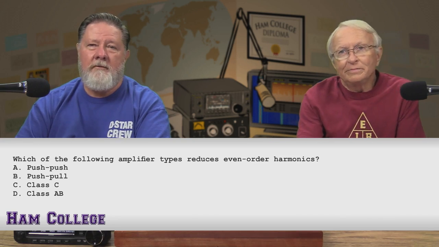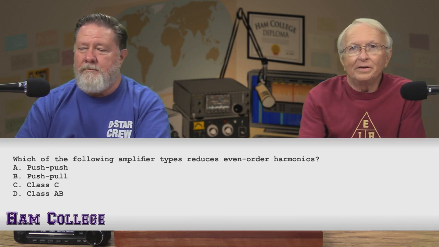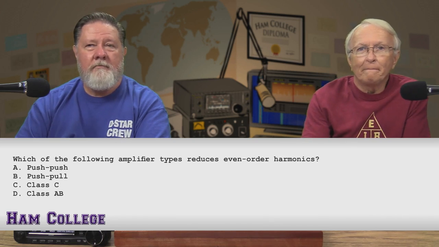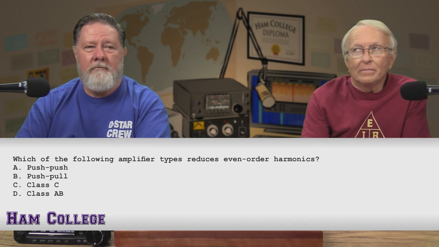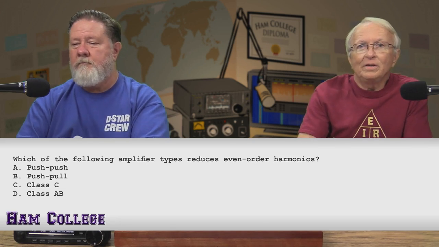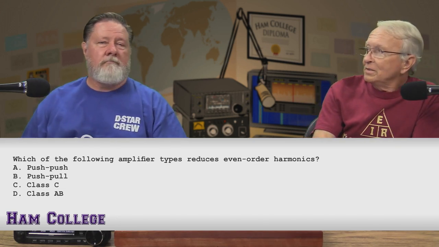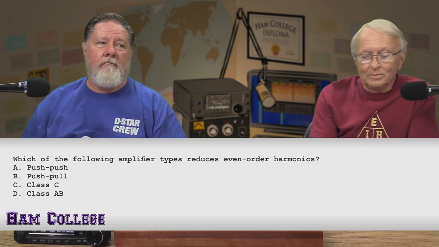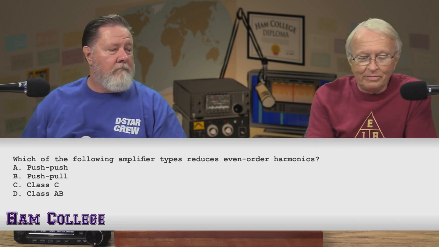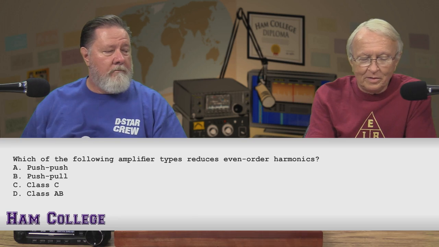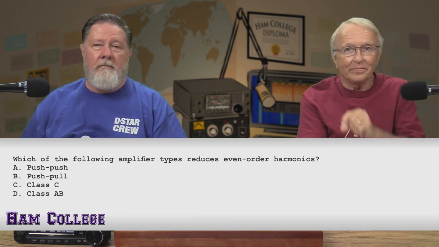My reasoning is I know a class AB... wait a minute. The class AB is a push-pull, isn't it? Isn't that what you had on your very first question tonight? Push-pull, class AB. Yeah. Yep.